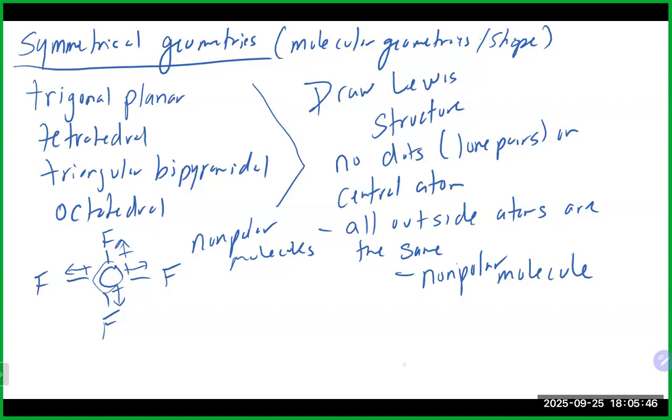Now, if I took the same molecule and maybe swapped out one of those fluorines for a hydrogen, I will now have some polar bonds going obviously towards the fluorines. And the carbon-hydrogen bond's actually non-polar in this case. So now if you want to think about it, you've got three guys over here pulling the rope, and this guy on this side is not really pulling the rope in the opposite direction, right?